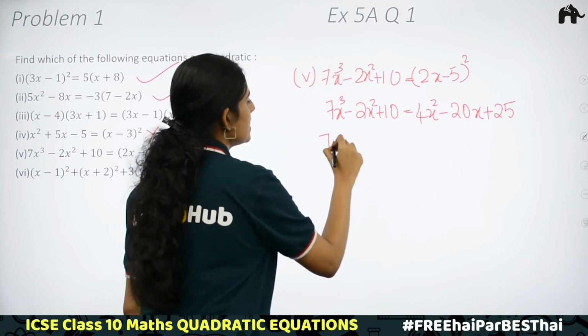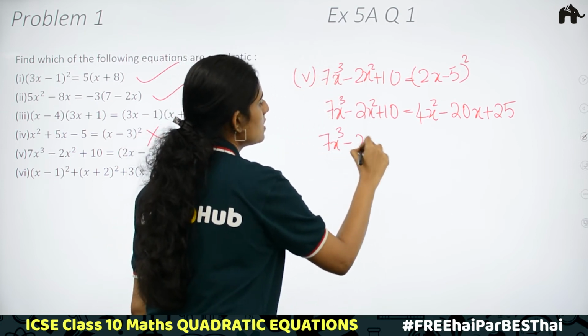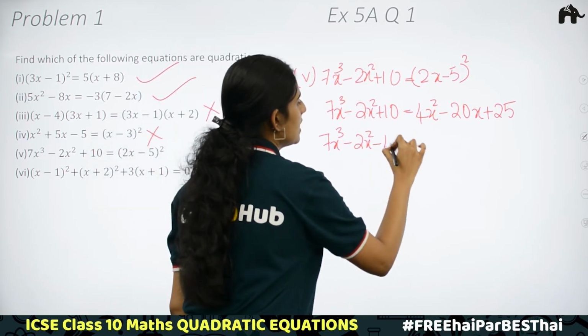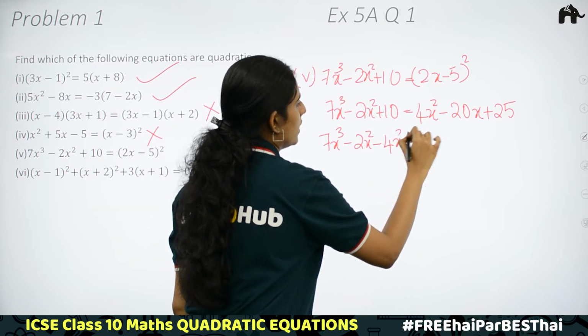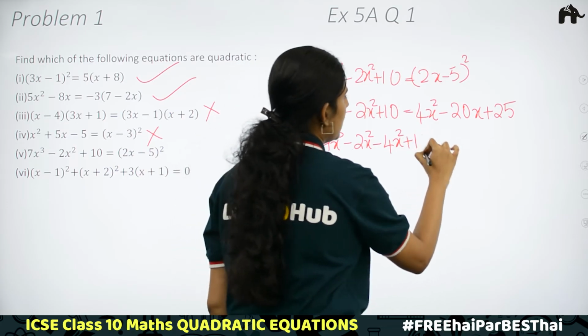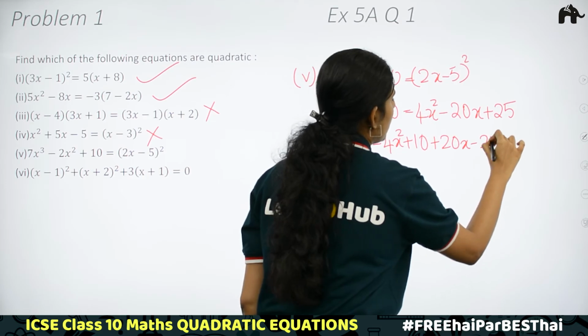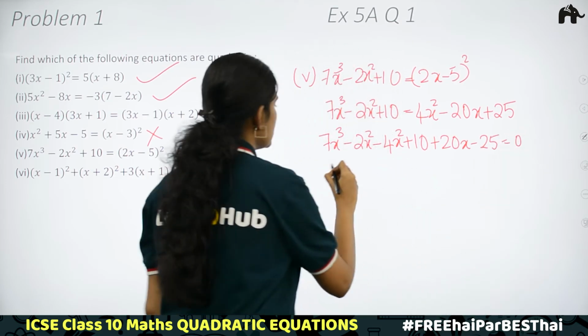Rearranging, taking 4x square to the LHS, 7x cube minus 2x square minus 4x square plus 10 plus 20x minus 25 is equal to 0.